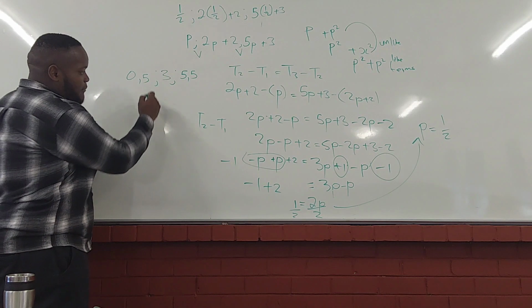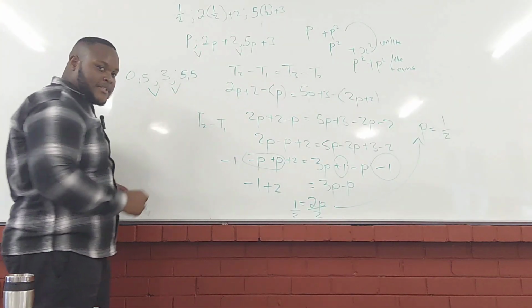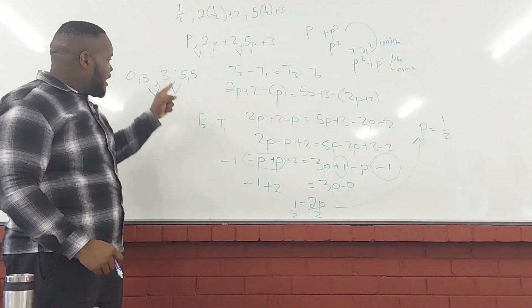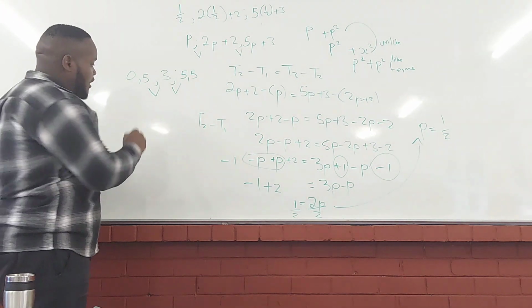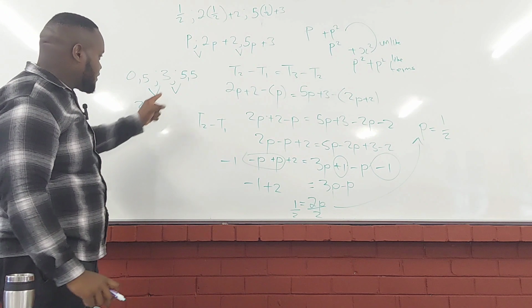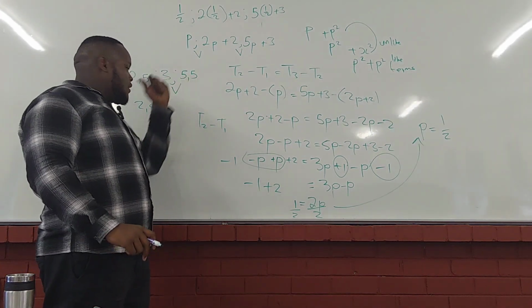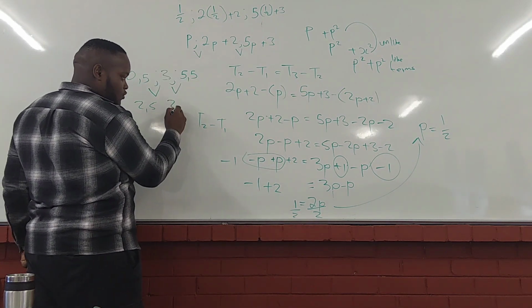Now let me confirm and find my difference between two consecutive terms. For me to find the difference between two consecutive terms, I say T2, which is 3, minus 0,5. I will have 2,5 as my difference. Therefore, for me to find also the difference, I'll say 5,5 minus 3, T3 minus T2, I'll have 2,5.